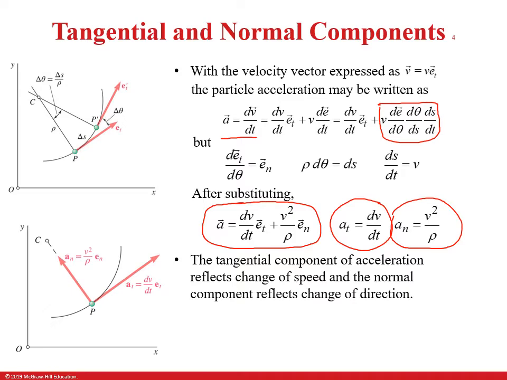And in order to get to that point, we can say that the unit normal direction is the derivative of the tangential direction with respect to theta, we got this on the last slide, times, and I'll switch to laser pointer here so I don't clog it up too much, rho d theta equals ds. So ds over dt equals the speed.